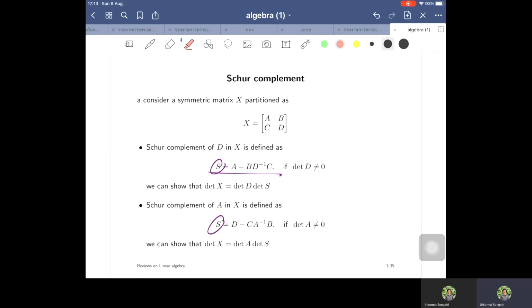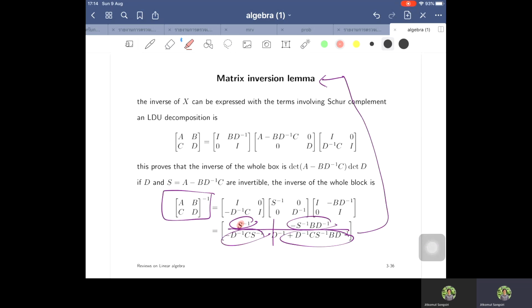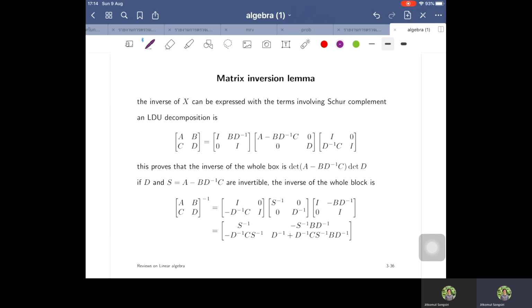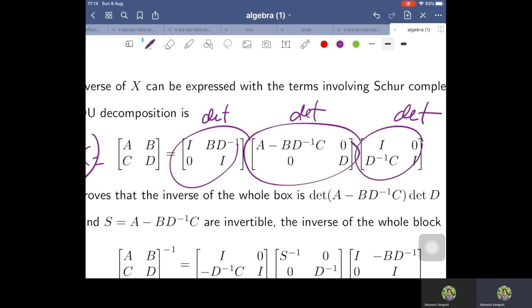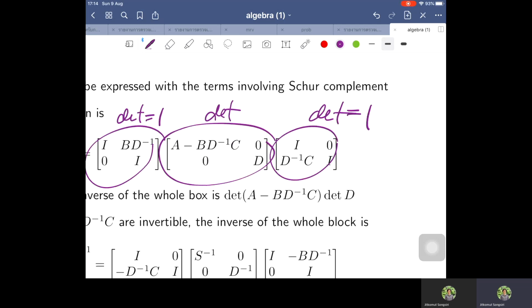Now, this is the definition of the Schur complement. We would like to show this orange box, that the determinant of X equals the determinant of D times the determinant of S. This is very obvious from the LDU decomposition, because the determinant of X is the determinant of this times the determinant of this times the determinant of this. But the determinant of the factors L and U is, of course, equal to 1.